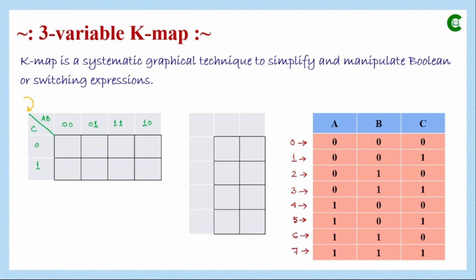One point that we have to take care of is that between two adjacent cells, the change in value should be for one variable only. So if we look vertically, here we have only one variable, so the change in values will be from 0 to 1. Since we have a single variable here, we will not face any issue. But when we move horizontally, as we have two variables here, we have to take care of that point.